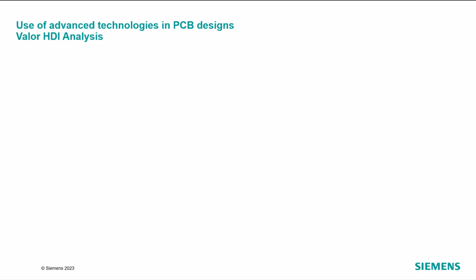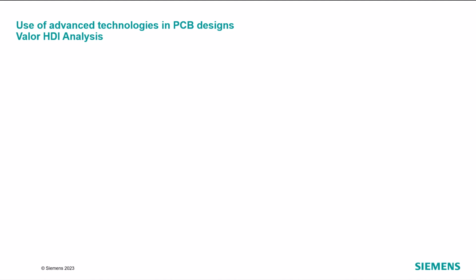One of the strengths of the Valor NPI software is that it can automatically identify HDI designs and then automatically enable the HDI checks. The Valor software interrogates the design before any analysis is run to look for the presence of certain factors.